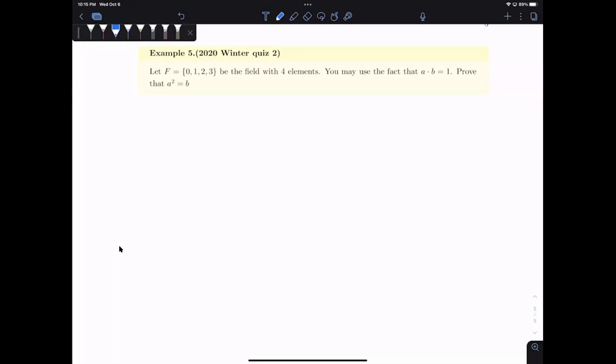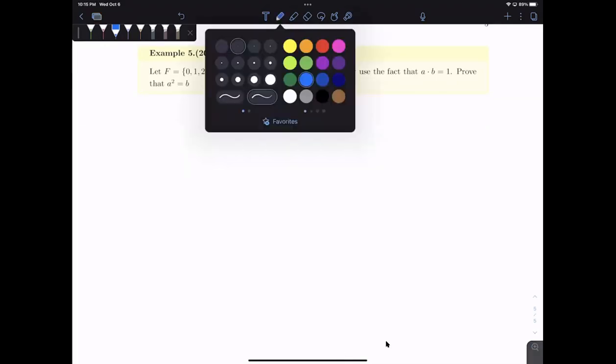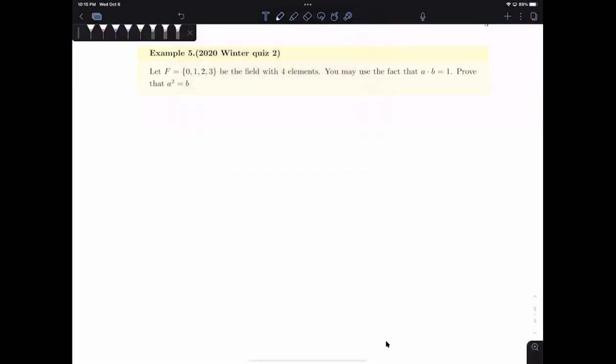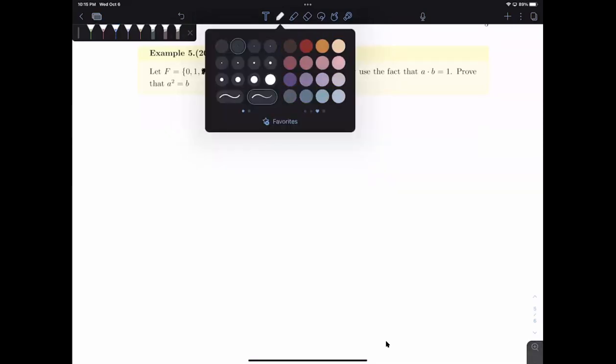For this question, do we have to use 2 times 3 instead of A times B? Because it's a field with 0, 1, A, B. Sorry, I typed it wrong. It's a typo. I'm just too used to 1, 2, 3. Let me fix it.